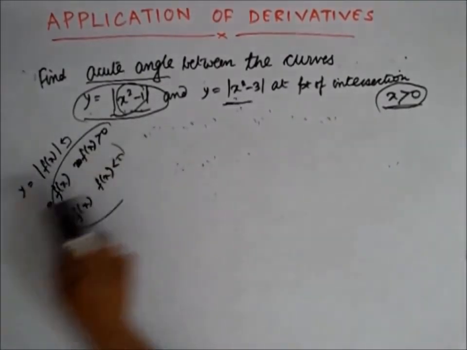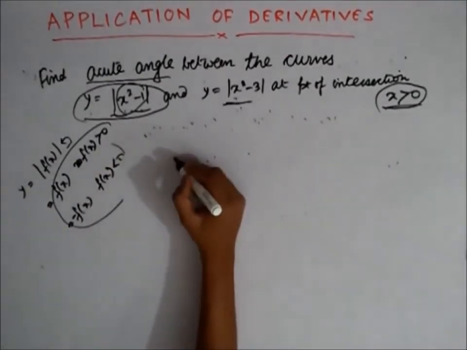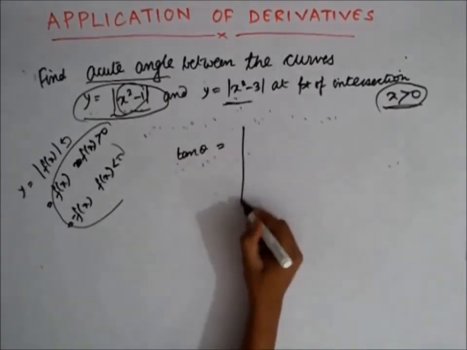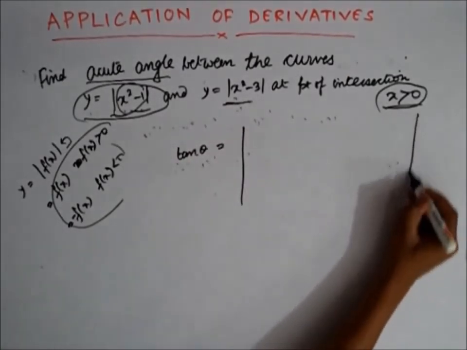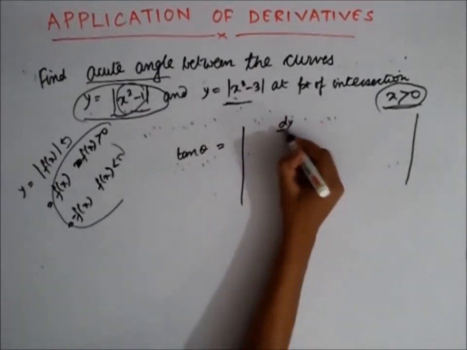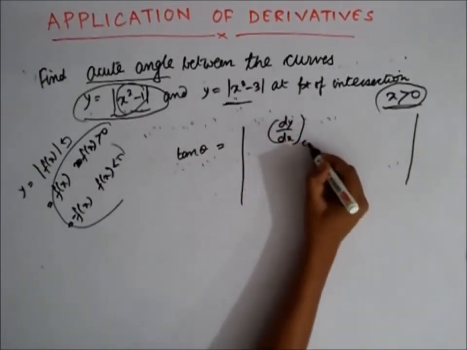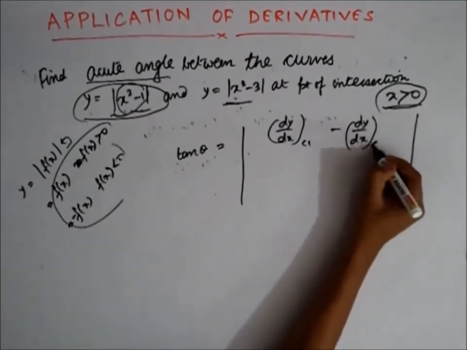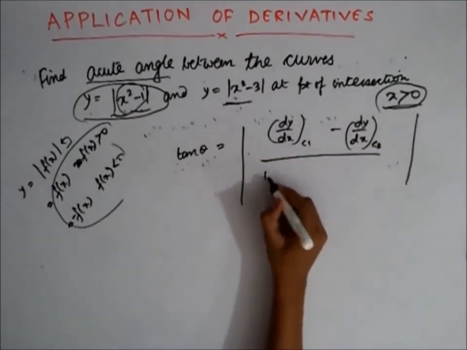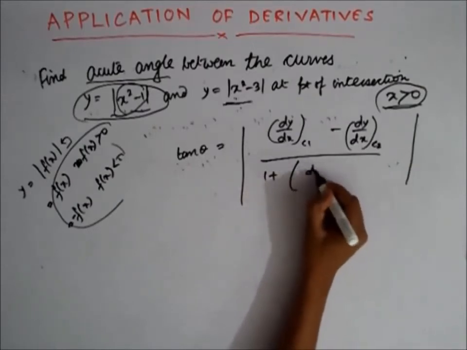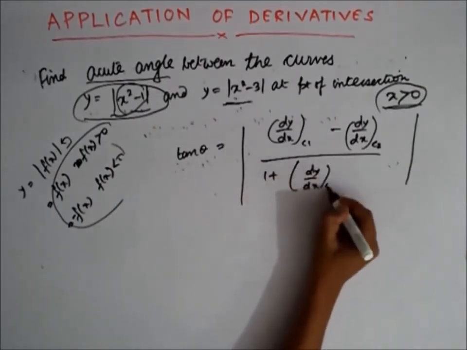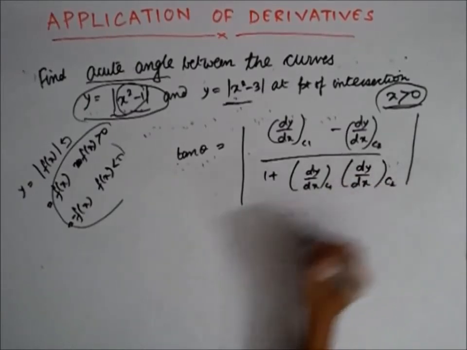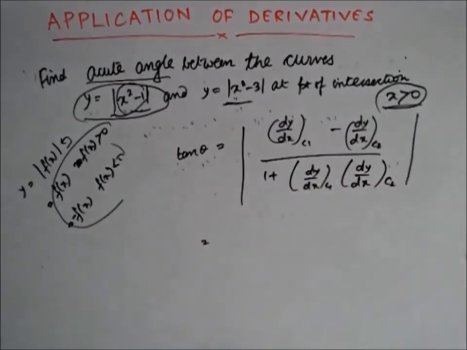We know the formula for the angle of intersection. The formula is tan theta is mod of dy by dx of curve C1 minus dy by dx of curve C2, whole divided by 1 plus dy by dx of C1 times dy by dx of curve C2, right?